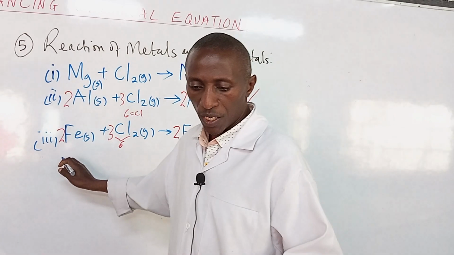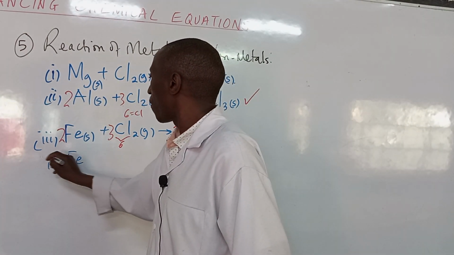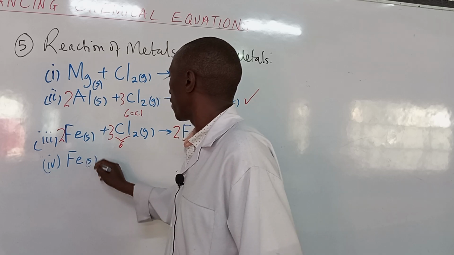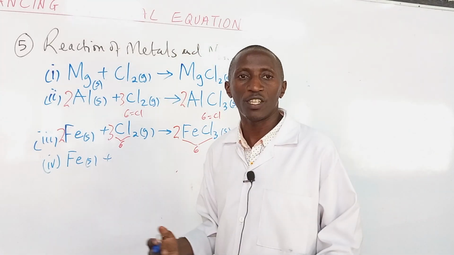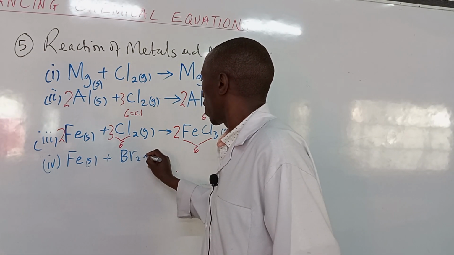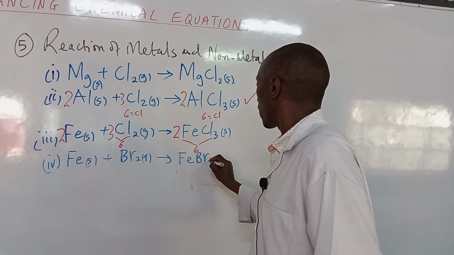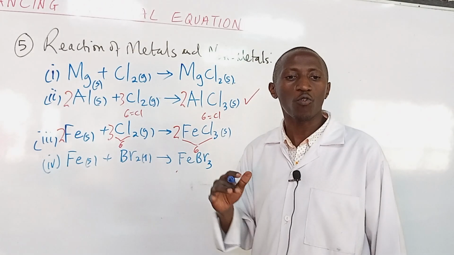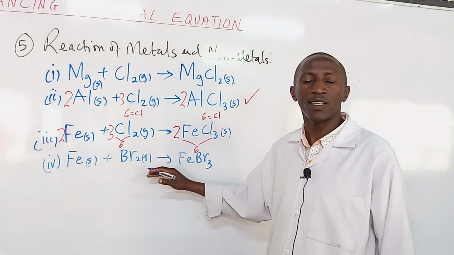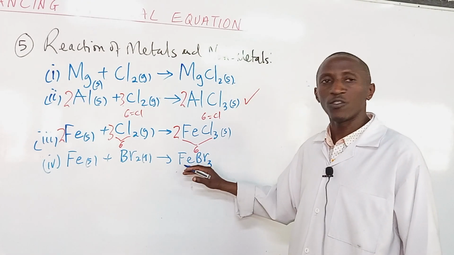We look at another one, the reaction between iron and bromine. Number 4, the reaction between iron, usually we react the iron in form of iron filings, iron and bromine gas. You find we have iron 3 bromide. With the same reasoning, bromine and chlorine are such strong oxidizing agents, they form the iron 3 compounds of each.